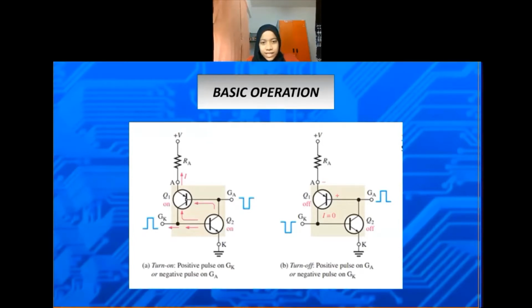When Q1 is turned on, its collector current provides base current for Q2, thus sustaining the on state of the device. This regenerative action is the same as in the turn-on process of the SCR and the four-layer diode illustrated in Figure A. The SCS can also be turned on with a negative pulse on the anode gate.